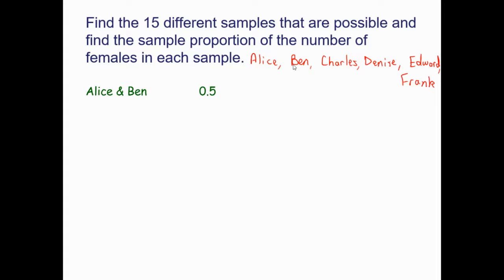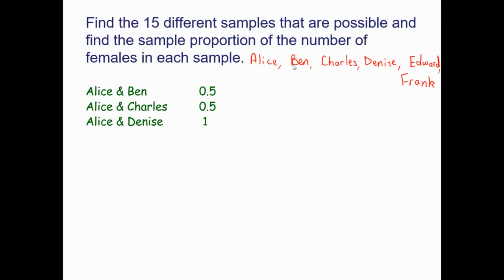Alice and Charles. Again, there's only one female, so 0.5 is our proportion. What about the next one? Alice and Denise. They're both females, so our proportion would be 1.